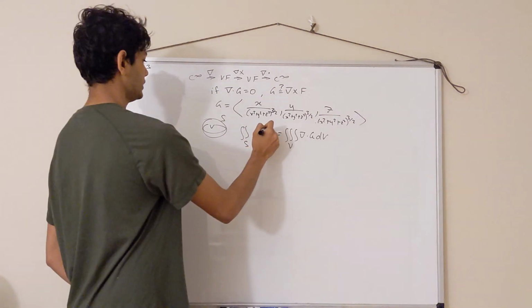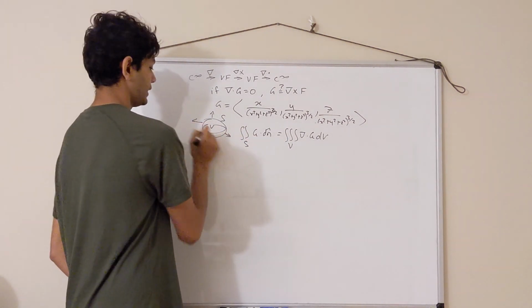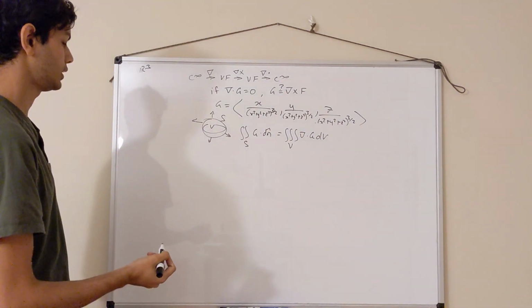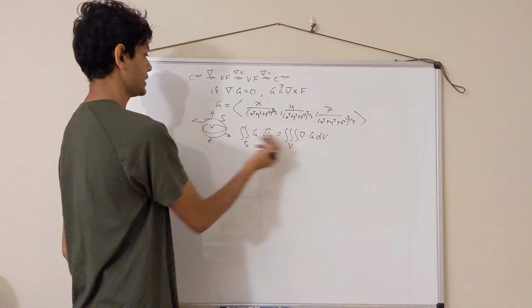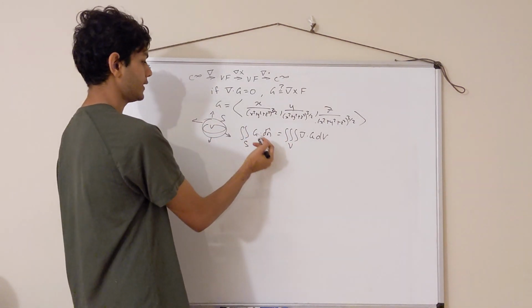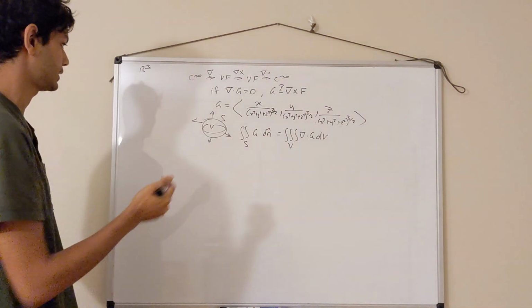Here, dN is going to be the unit outward facing normal, and the divergence of G is going to be some function, and so it makes sense to integrate some function with respect to a volume. And here, since you have a vector field, it makes sense to take the dot product with some differential vector and take that integral.